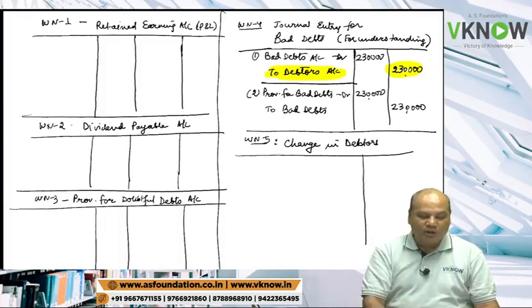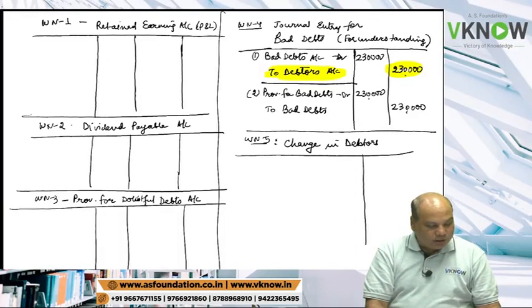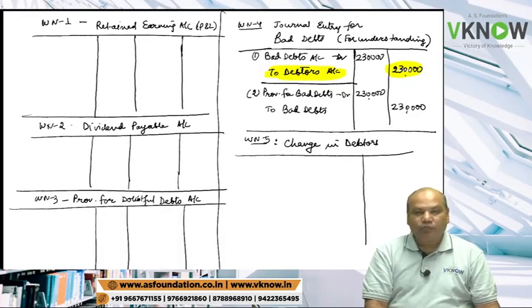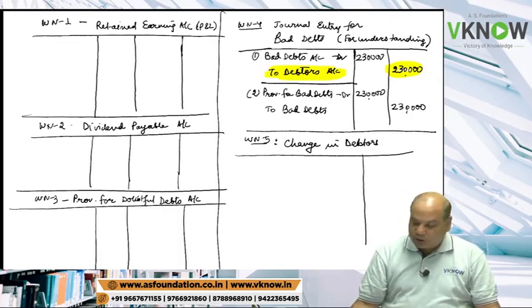So here I begin. First line, capital no change. Retained earning, working note 1.